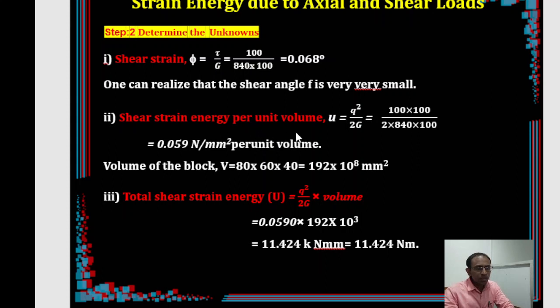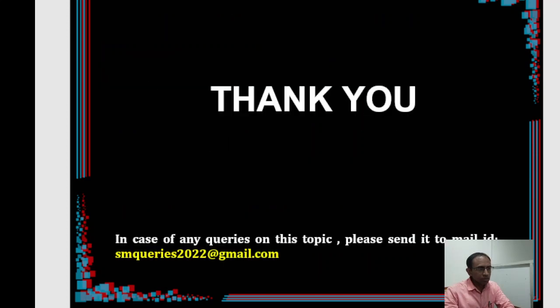Then the shear strain energy per unit volume is tau square by 2G, just as sigma square by 2E. Here q or tau both represent shear stress, you can use any symbol, it doesn't make much difference. Then you multiply that with the volume of the block, and you will get the total shear strain energy. So that's all about the topic on strain energy due to axial and shear loads. Thank you.